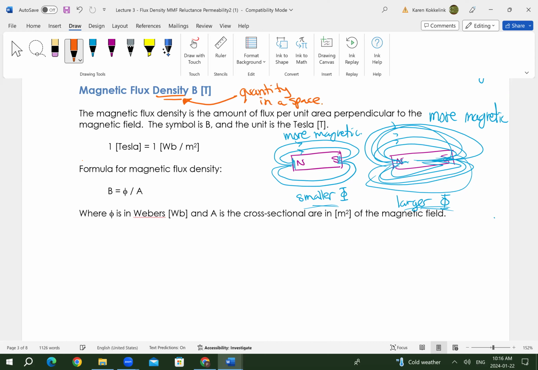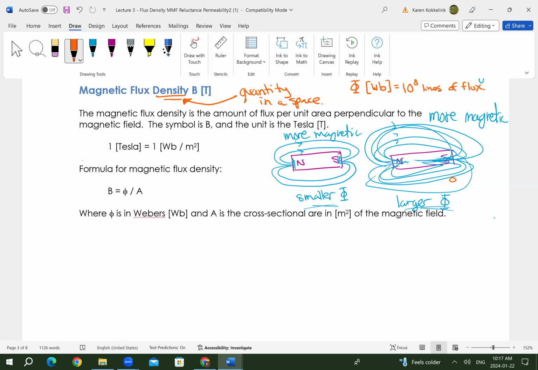And we already have a definition of quantity of magnetism, and that is called magnetic flux. It is measured in Webers, and it is, by definition, a count of 10 to the 8 lines of flux.